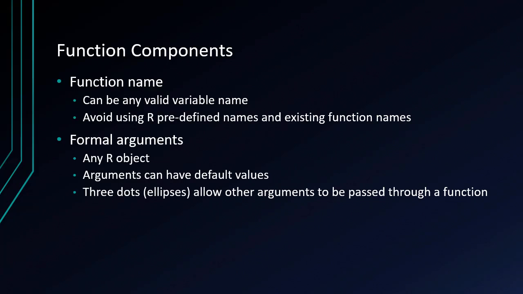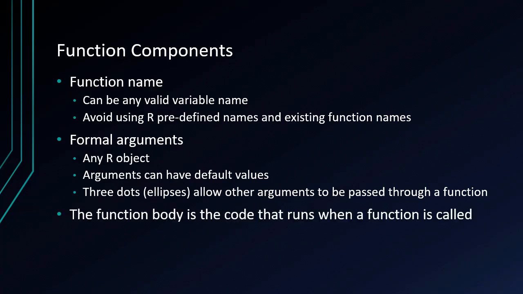They can be any R object. So we've been using X, we've been using Y, and those can stand for any object. Arguments can be given default values. And if it's possible that you might want to ever pass through an argument to another function, even if you don't need it in your initial function, you can use the 3 dots.